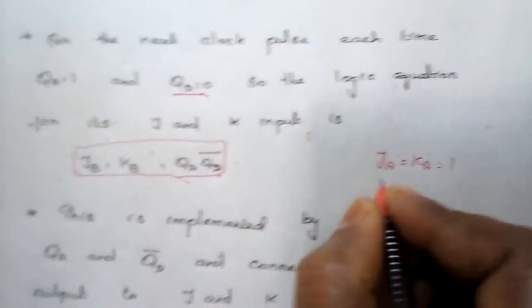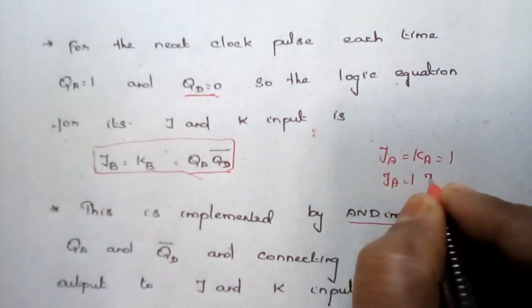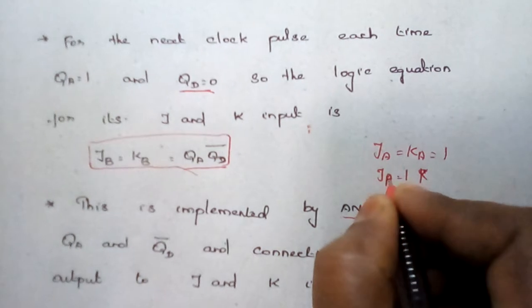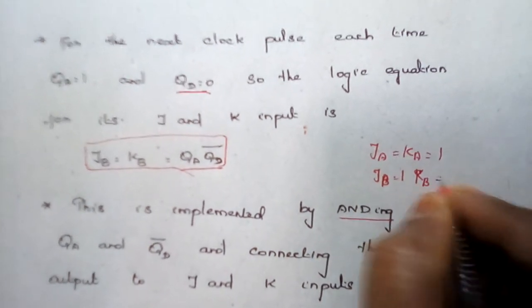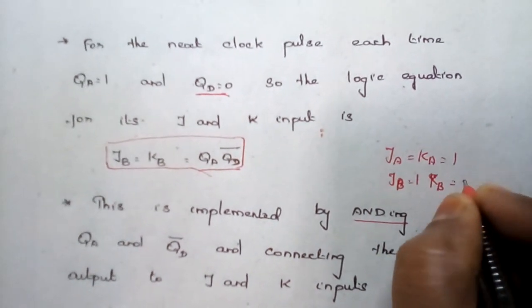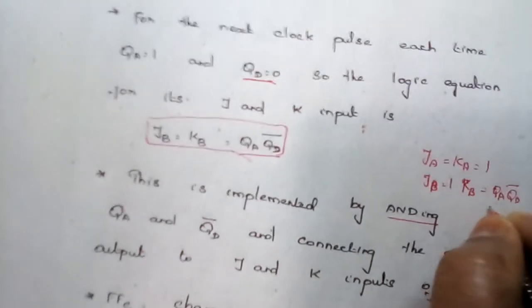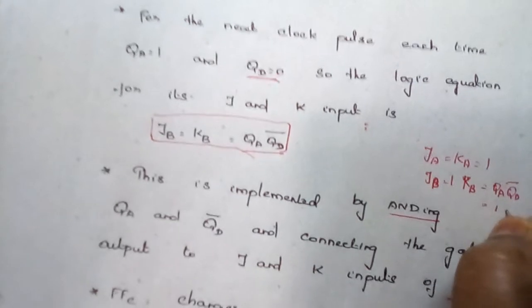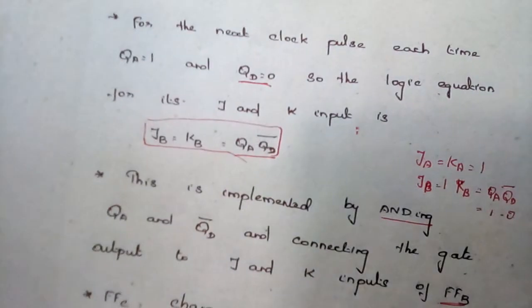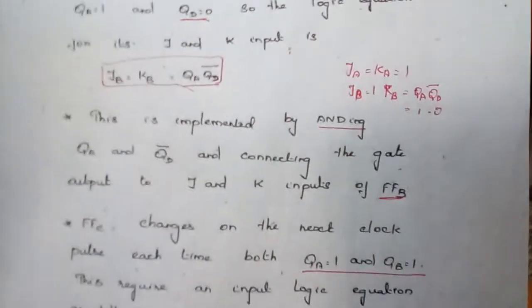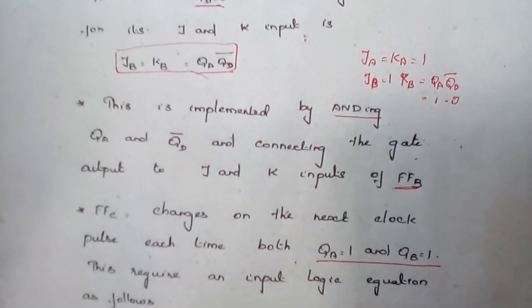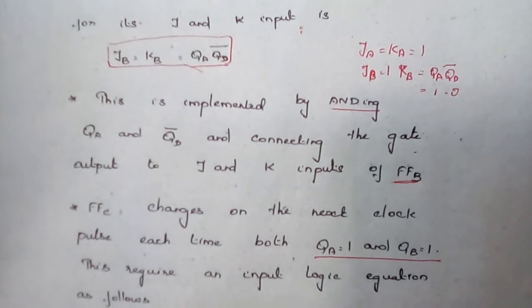This is the condition. Next, JB = KB = QA · QD bar, that means QA = 1 and QD bar = 0. And for the next condition, JC = KC = QA and QB.